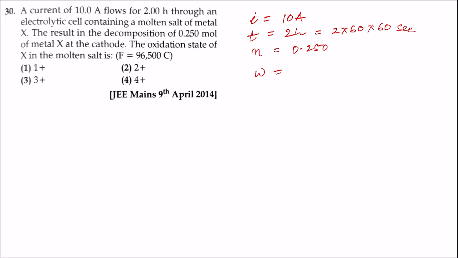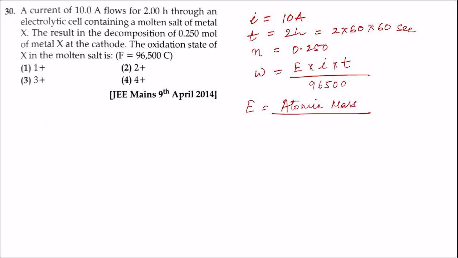equal to the equivalent weight of the metal multiplied by current multiplied by the time for which current is flowing, divided by 96500 coulomb. And the equivalent weight of the metal will be equal to the atomic mass of the metal divided by the valency factor or the oxidation state of the metal.